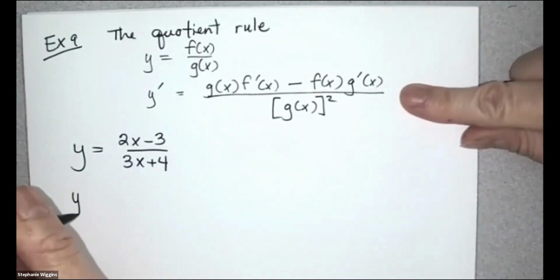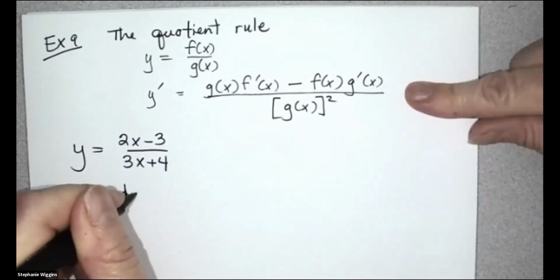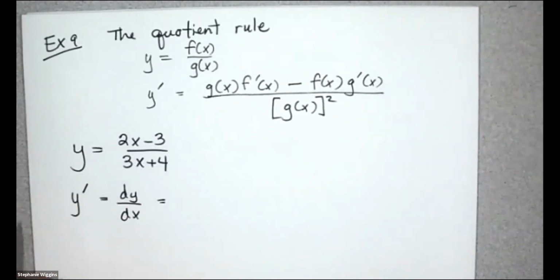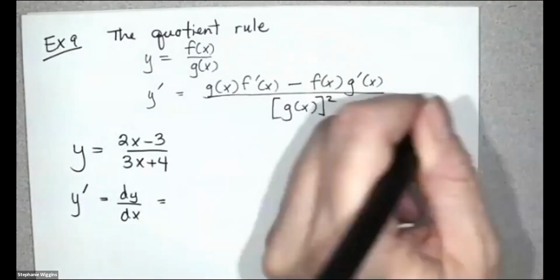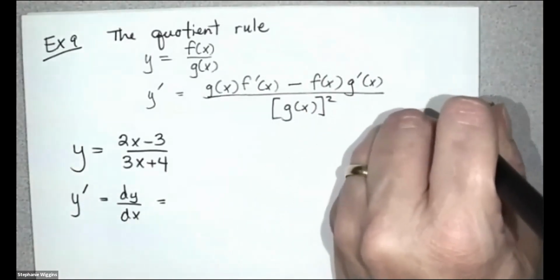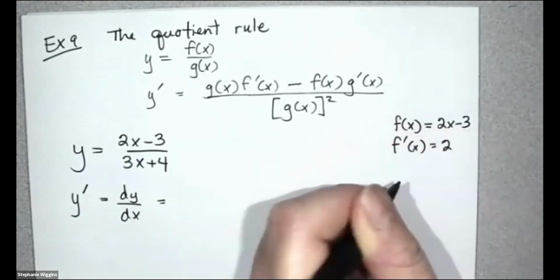So the derivative y prime, or if you will, dy dx, same thing, this is just another notation, is, well, let me go ahead and list the functions. We have the top function, which is 2x minus 3, and its derivative is 2.